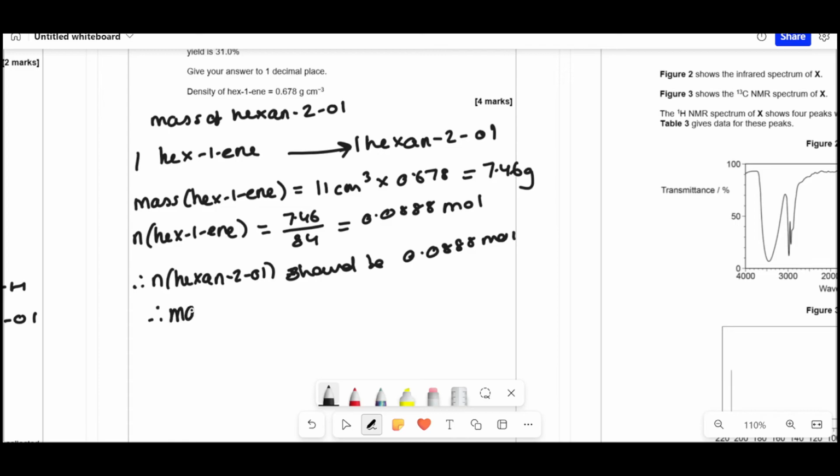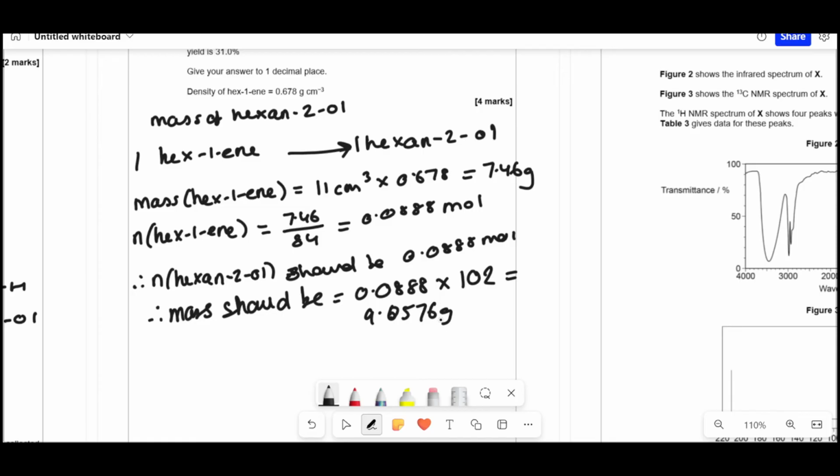Therefore, the mass should be the moles here, so 0.0888 times the MR of hexan 2ol, the mass of the hexan 2ol. So I'll just tell you that the MR is 102, it should be that.